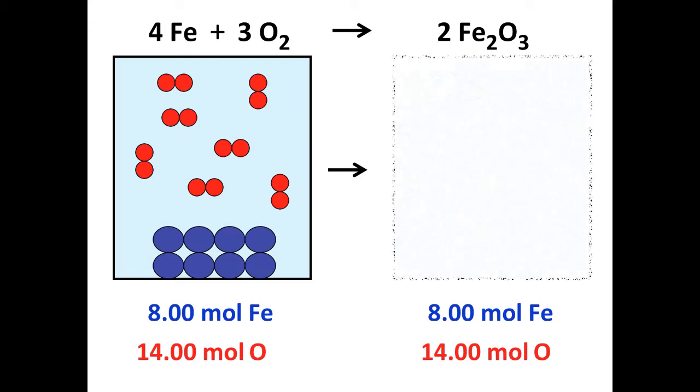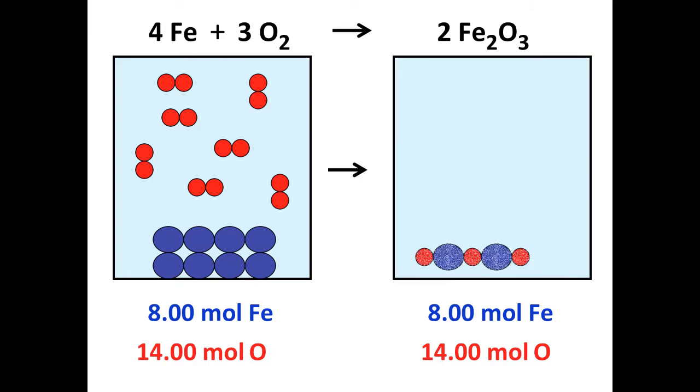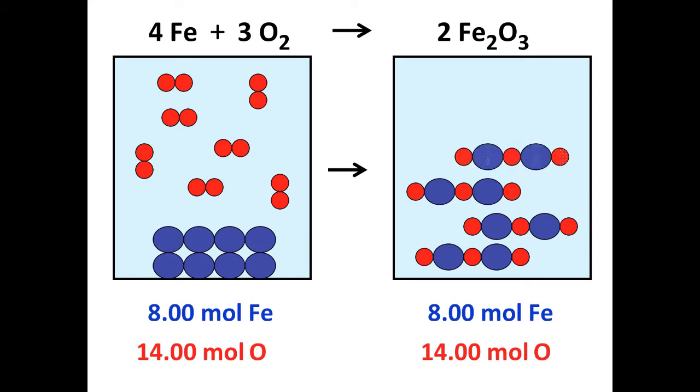And so we're going to have to end up with 14 moles of O and 8 moles of Fe. And if we now do this, well, there's an Fe2O3 unit. There's another Fe2O3 unit, and another. And keep track of how many Fe's we are using and how many O2s.